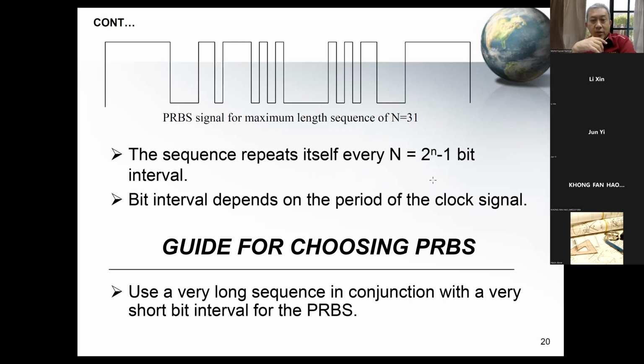The sequence repeats itself every N equal to 2 power of n minus 1 bit intervals, and the bit interval depends on the period of the clock signal as well. As a guide for choosing the PRBS, please use a very long sequence in conjunction with a very short bit interval for the PRBS.